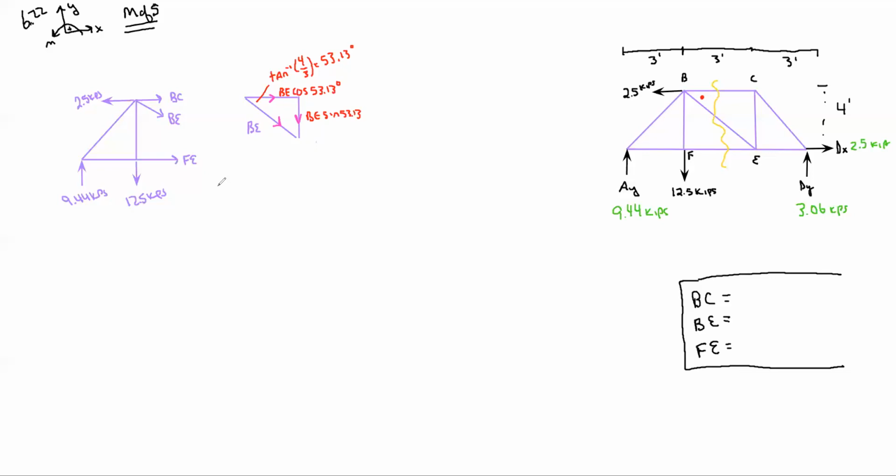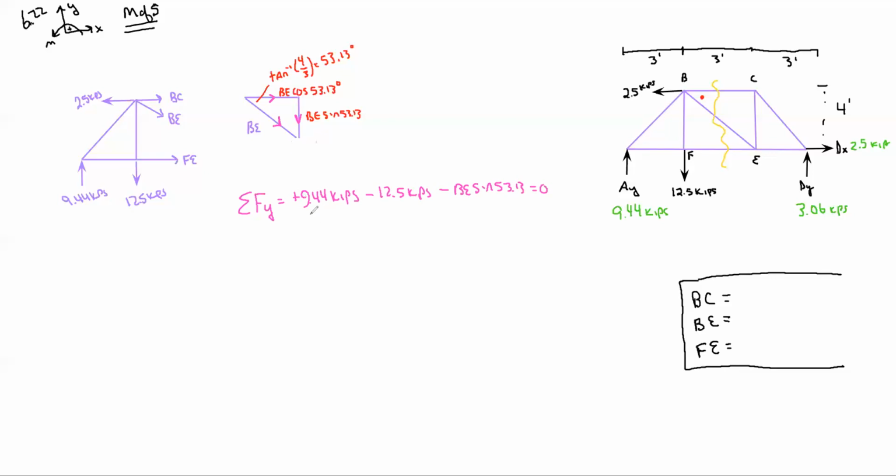All right, what do we got here? We've got one unknown in the Y direction, so let's just start there. Summation of the forces in the Y direction: positive 9.44 kips, that's the reaction force at point A, minus 12.5 kips, that's the external force, and then negative BE sine 53.13, which is the Y component of member BE.